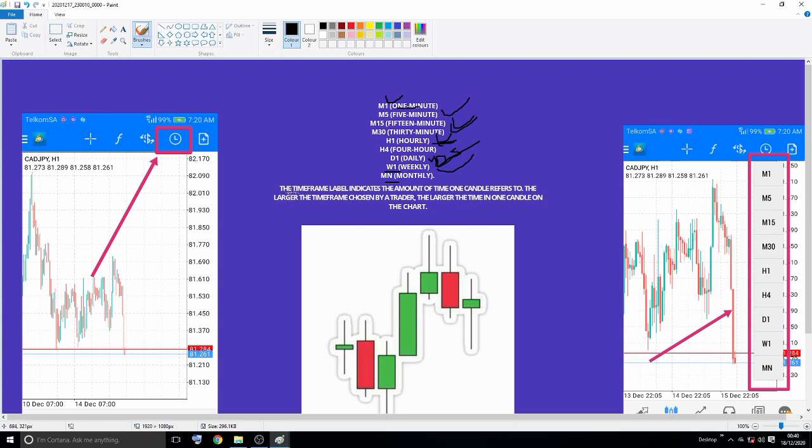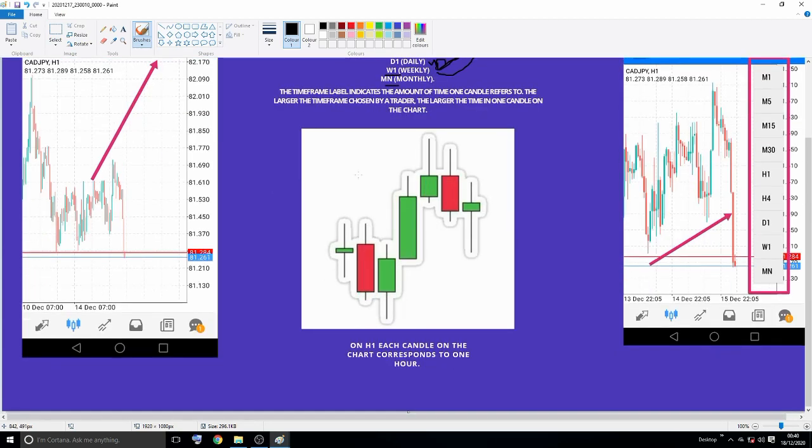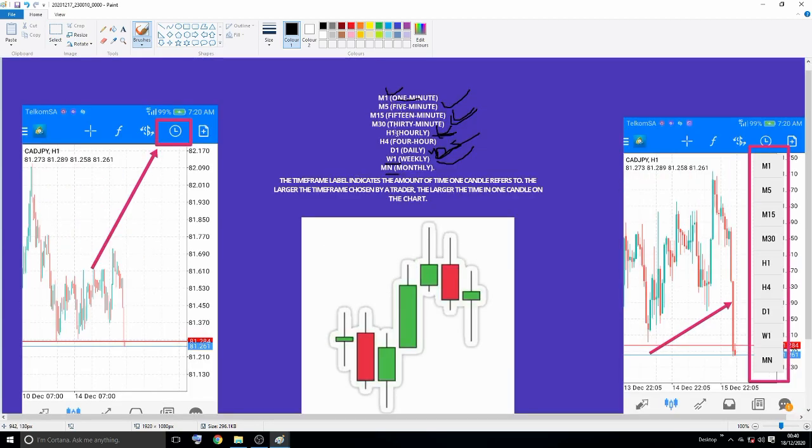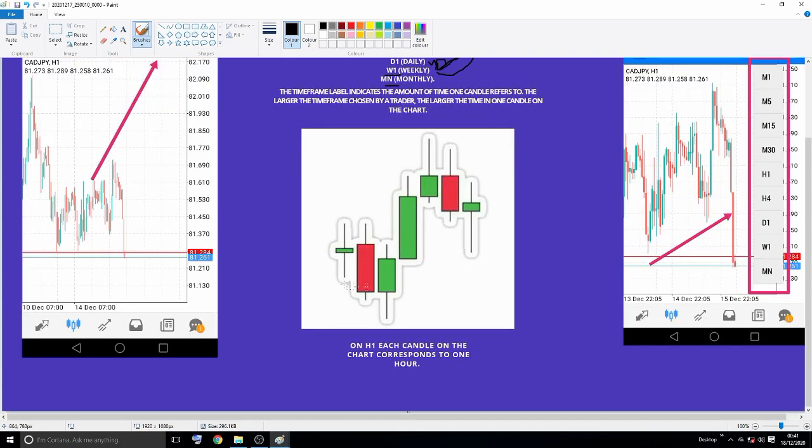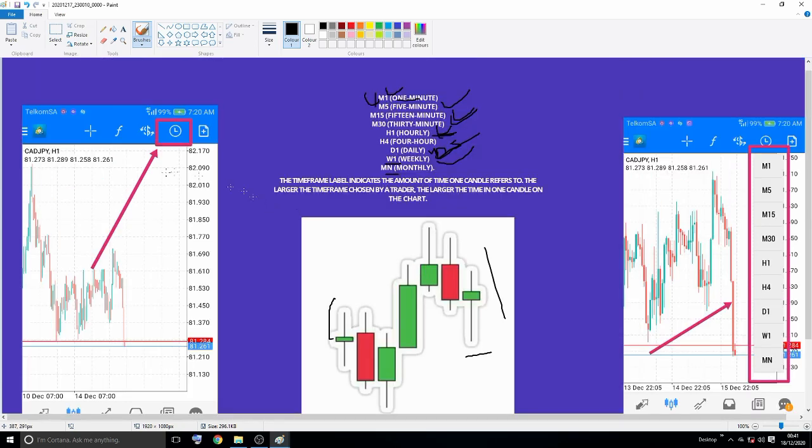The time frame label indicates the amount of time one candle represents. So if you are on a 1 minute time frame chart, it means each and every candlestick represents 1 minute on the chart, right?